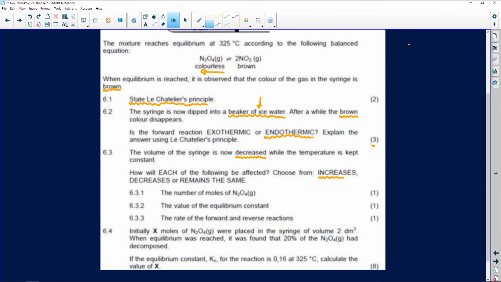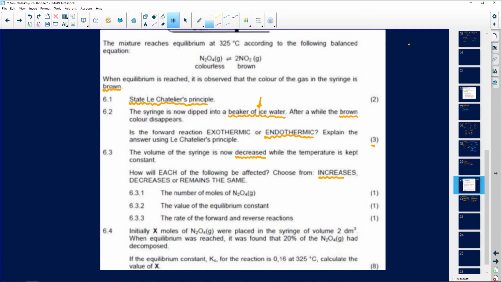We have decreased the volume while the temperature is kept constant, so the kinetic energy of the particles remains the same. How will each of the following be affected, right? The number of moles of N2O4. So let's see, I've got my N2O4, it is my reactants, right? We have made the space a little bit smaller, so it means that it will then increase because of more effective collision.